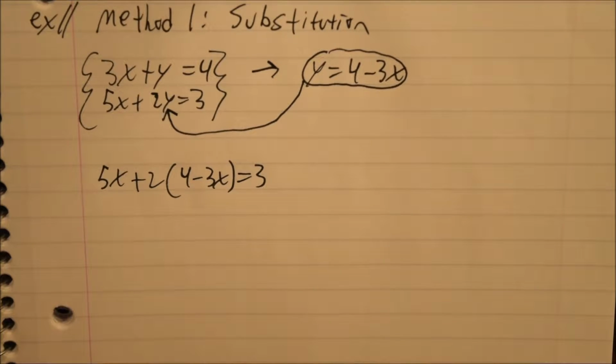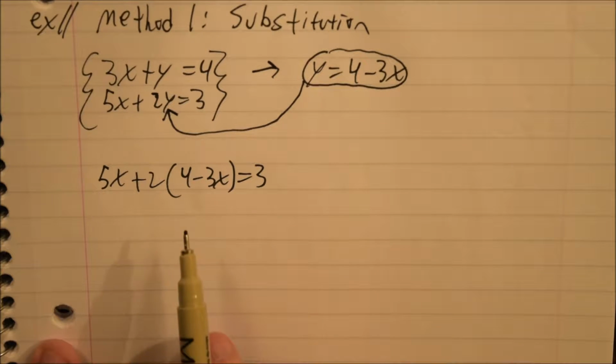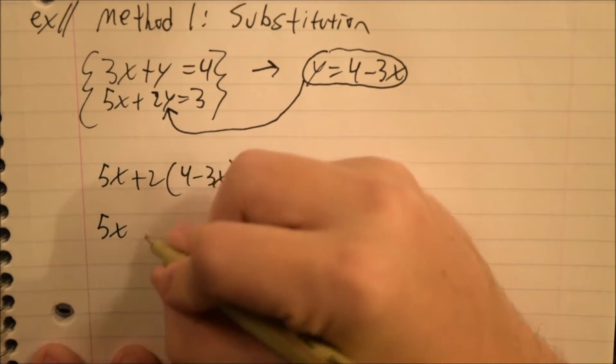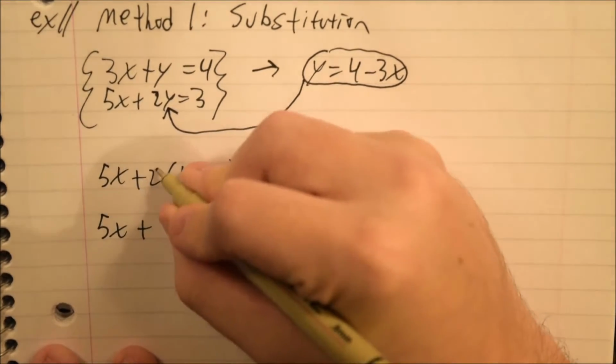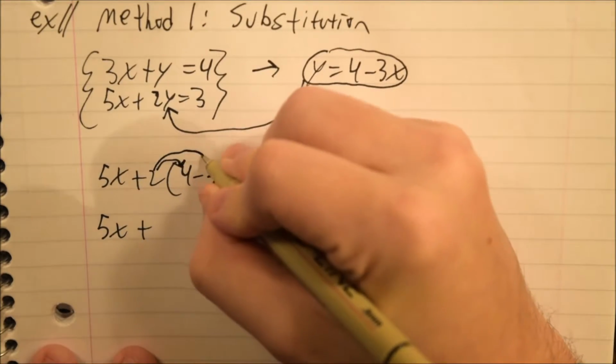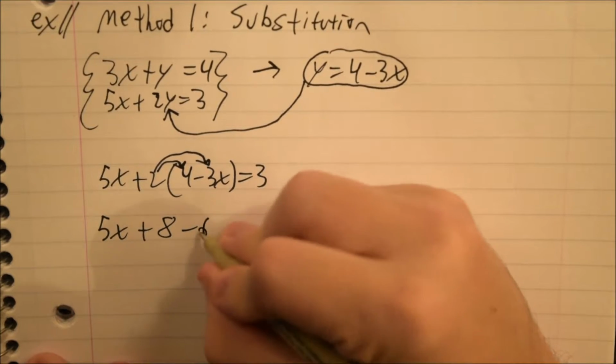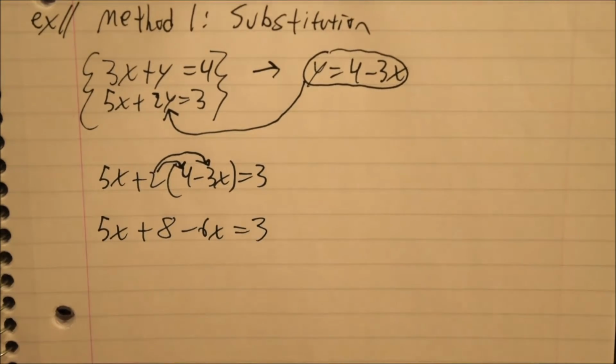Now I have a linear equation in one variable, just an x. So I can distribute, gather like terms, and solve for x like I've done before. I have to distribute here, so I have 2 times 4 and 2 times negative 3x. This gives me 5x plus 8 minus 6x equals 3.